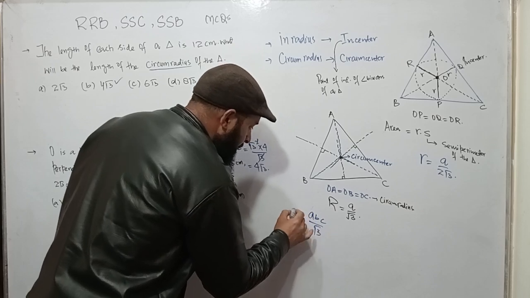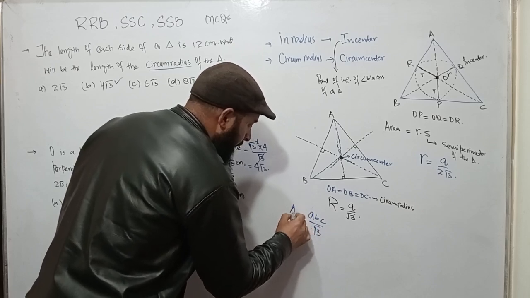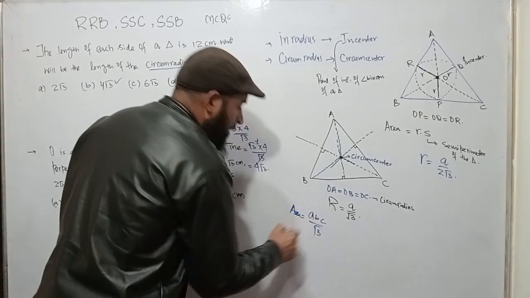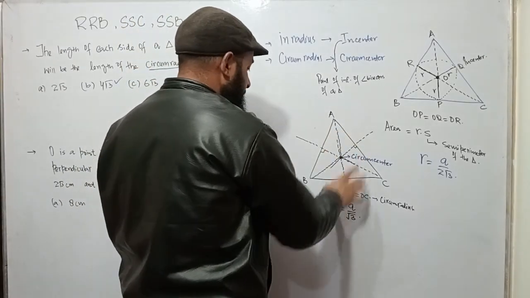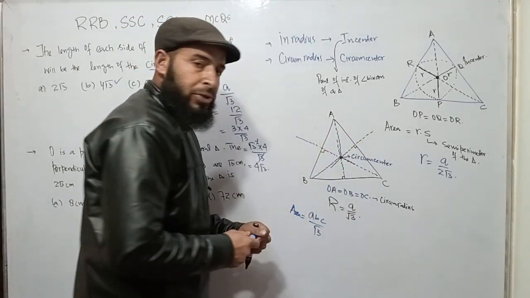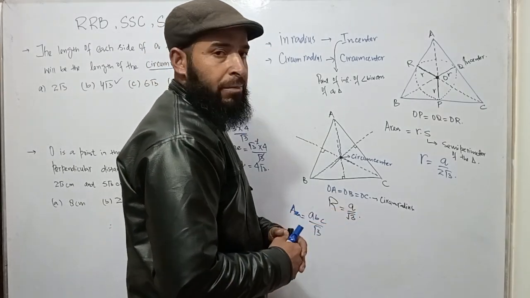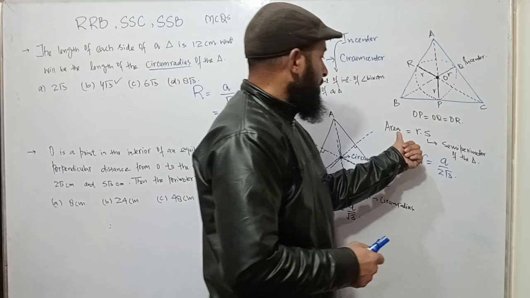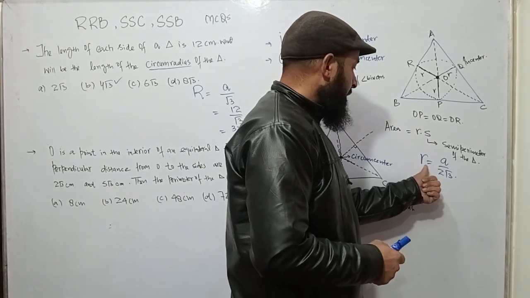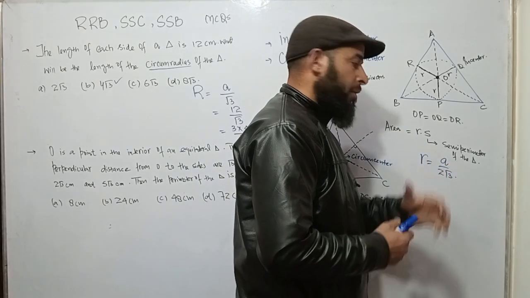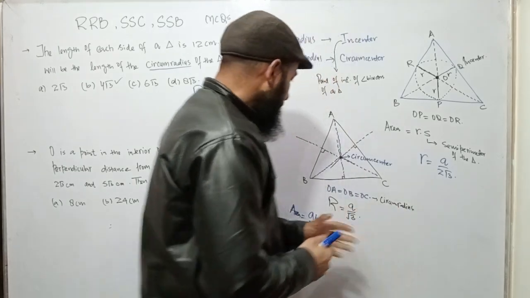If you use the area of this triangle, from this we can get R is equal to A upon root 3.